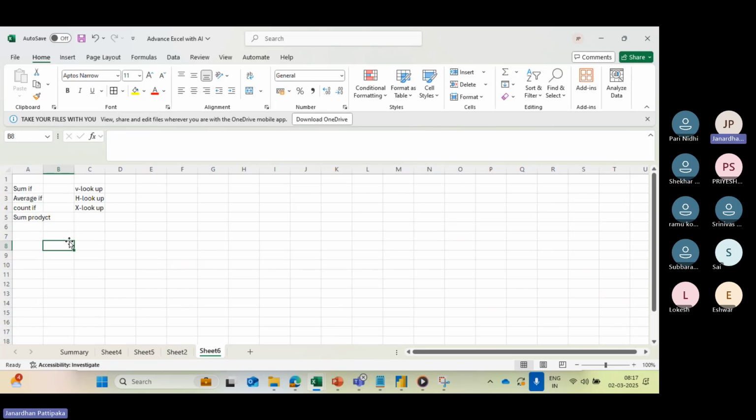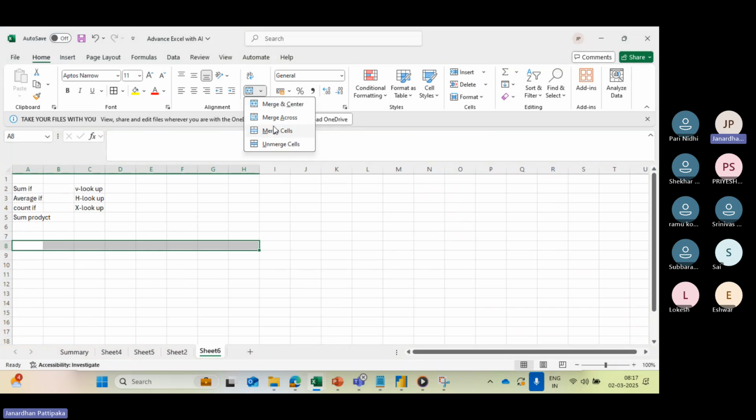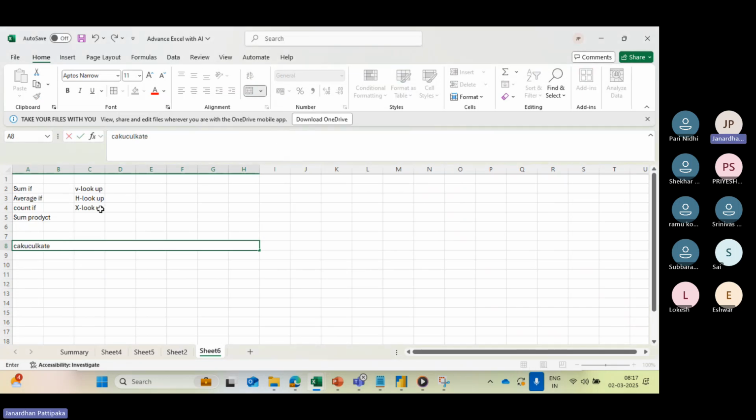So my requirement is, I am giving it very simple. If I want to merge these cells, you can click on merge cells.